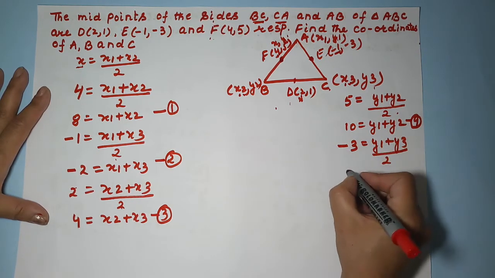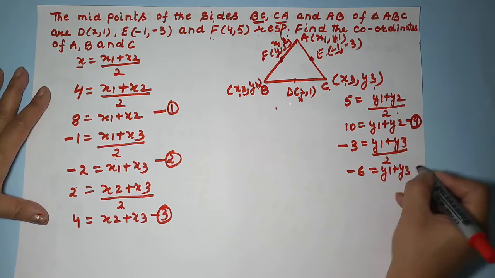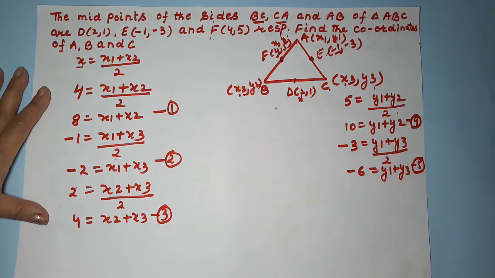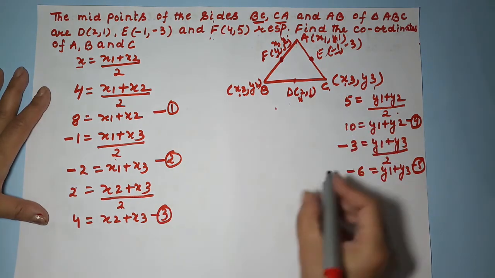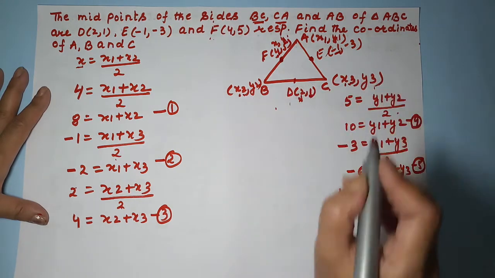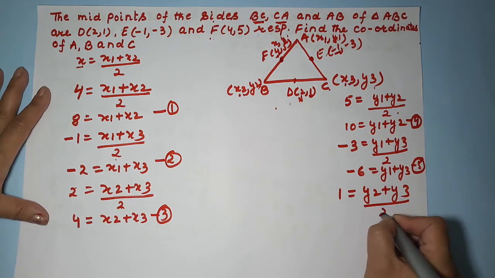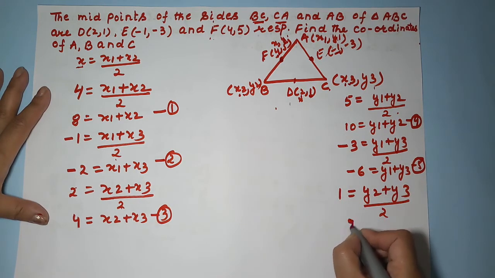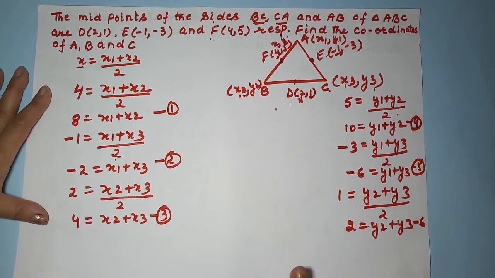So if I cross multiply, I'll get minus 6 is equal to y1 plus y3. This is my fifth equation. Then coming here, I have y coordinate as 1. Does that mean 1 is equal to y2 plus y3 by 2? So if I cross multiply, I will get 2 is equal to y2 plus y3. This is my sixth equation.